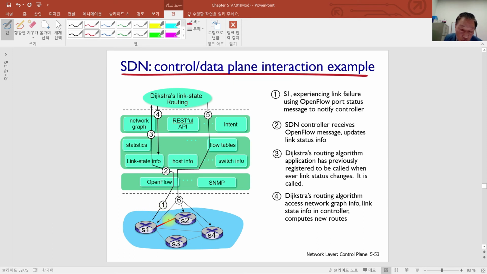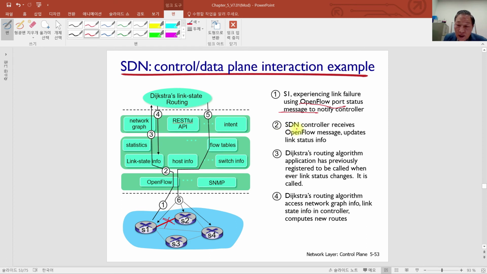First, let's assume this link was running well, but later it was disconnected. Problem. Thus that information is given like that. S1, experiencing link failure, uses OpenFlow port status messages to notify the controller. As we just learned, from this switch to the controller, that will be reported.